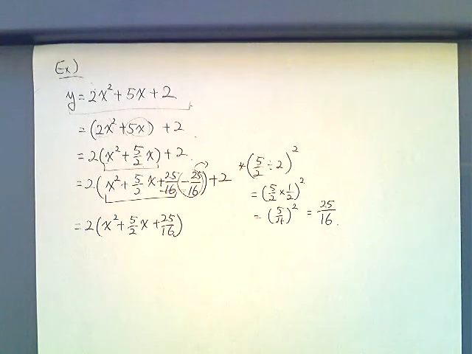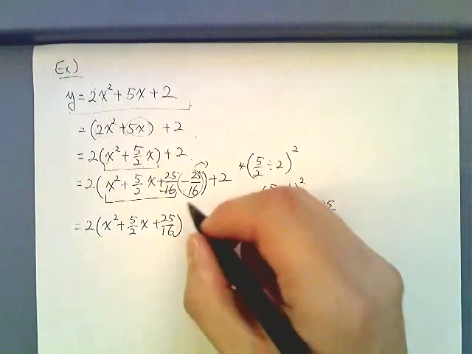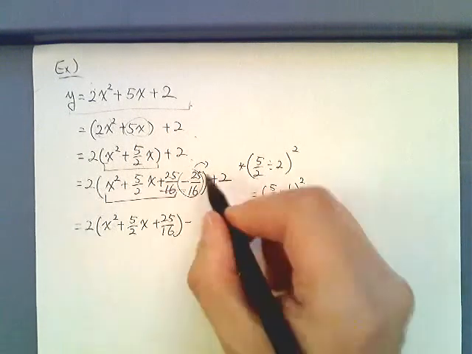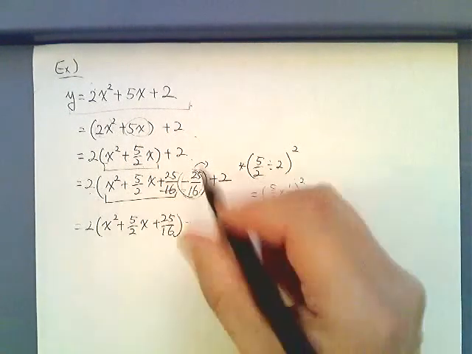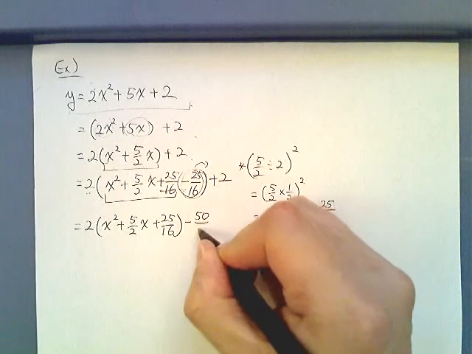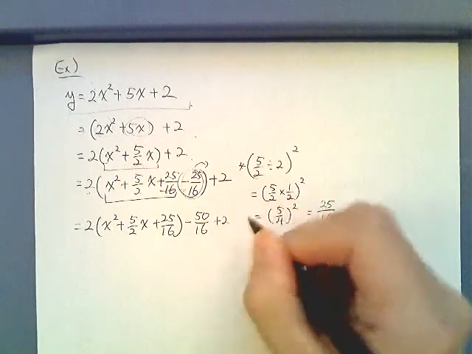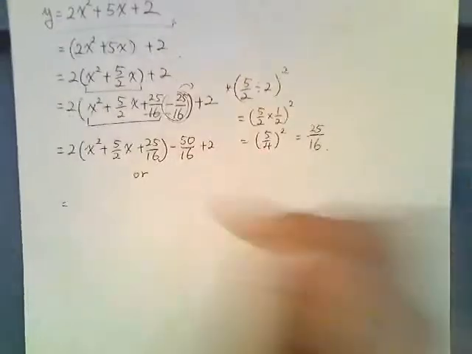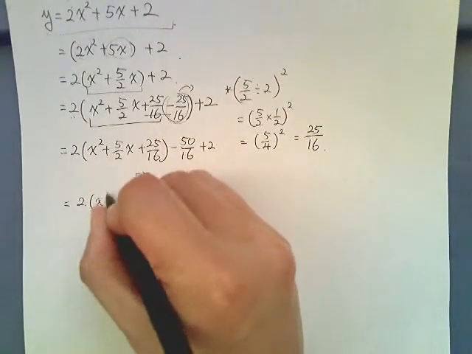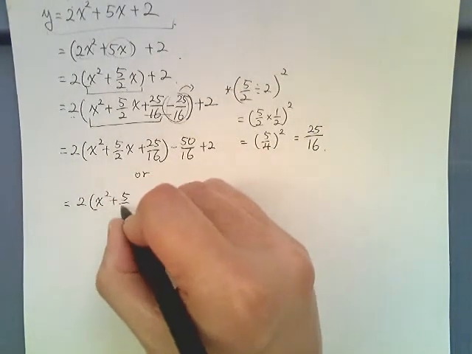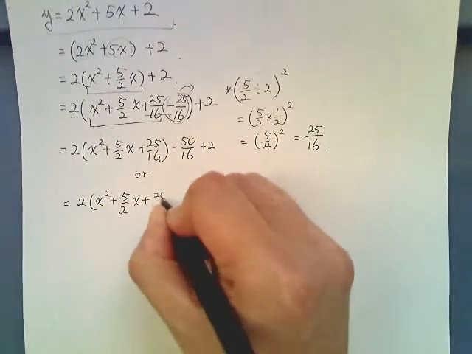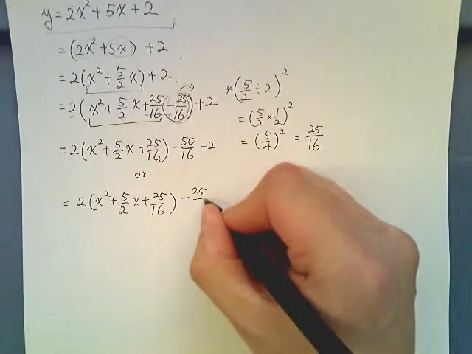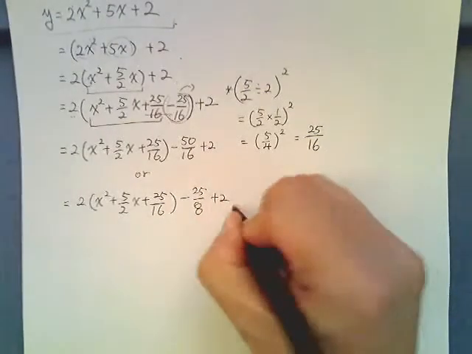Now, when it is coming out, it will be this times 2, so negative 25 over 16 times 2, which is negative 50 over 16 plus 2. Or you can say this is 2 times x squared plus 5 over 2 x plus 25 over 16, minus 25 over 8 plus 2.